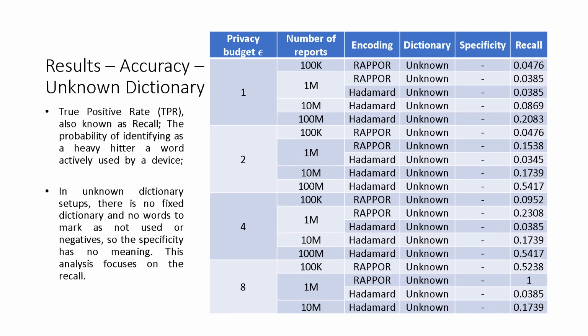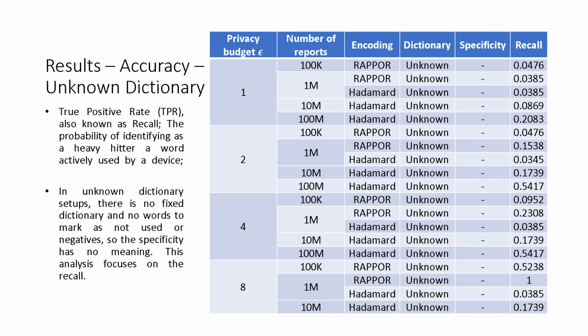Now we see the results for unknown dictionary. We focus this analysis on the recall, the number of strings reported as heavy hitters that are actual heavy hitters on the device population.